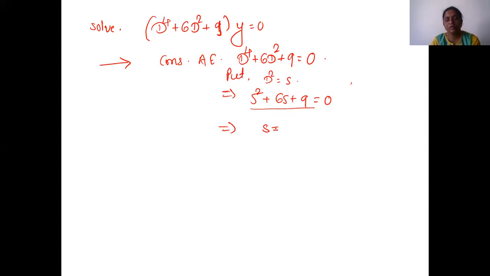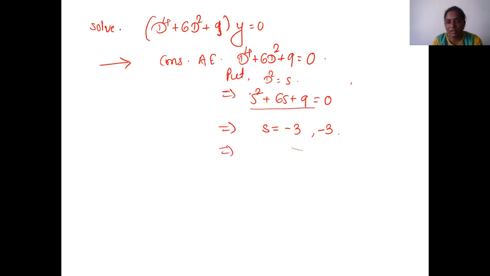The calculator is showing only -3 once, but we are not writing it only once because the order is 2, which means there must be 2 roots. The calculator shows it only once, meaning it is repeating 2 times.